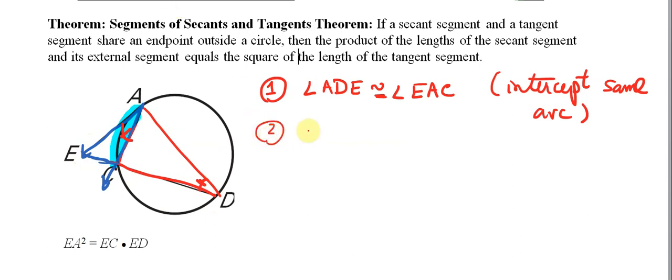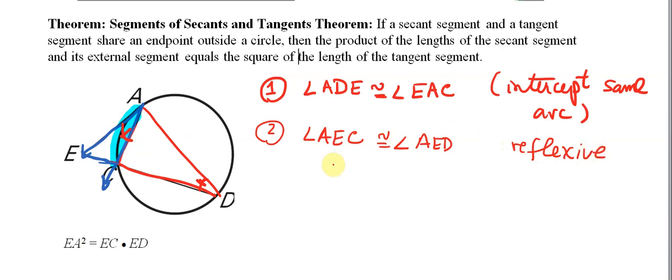And that's enough for us to show that the two triangles are similar. So I'll just write this up. AEC, that's this angle here, is congruent to AED. And so that's enough for us to say that the two triangles are similar to each other. And we just have to be a little bit careful how we write it up.